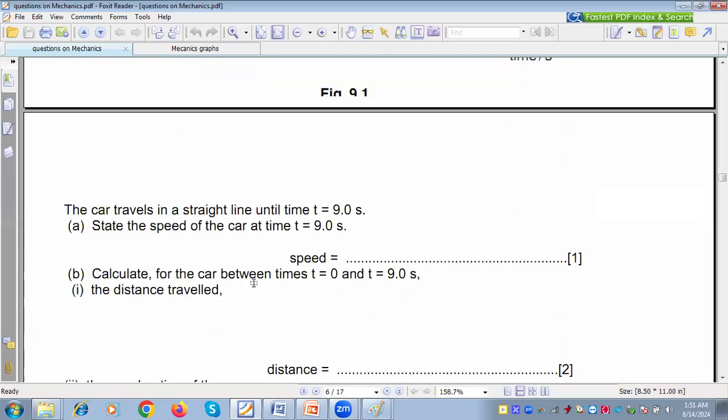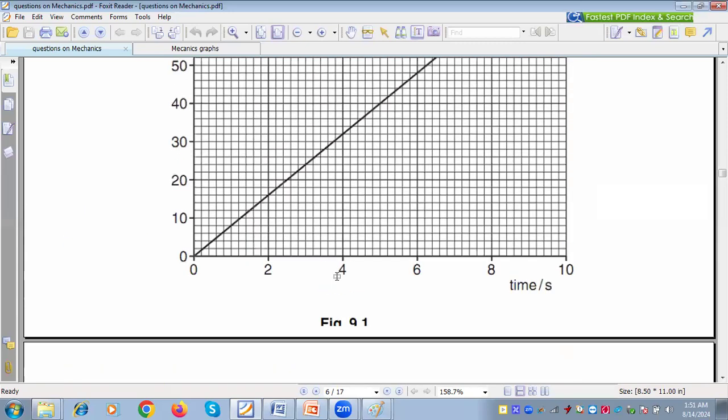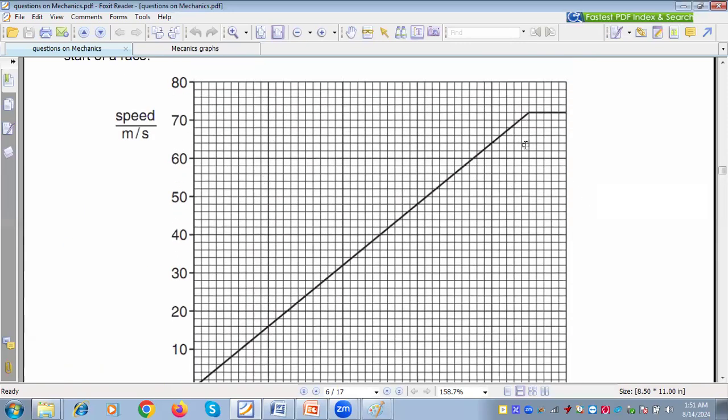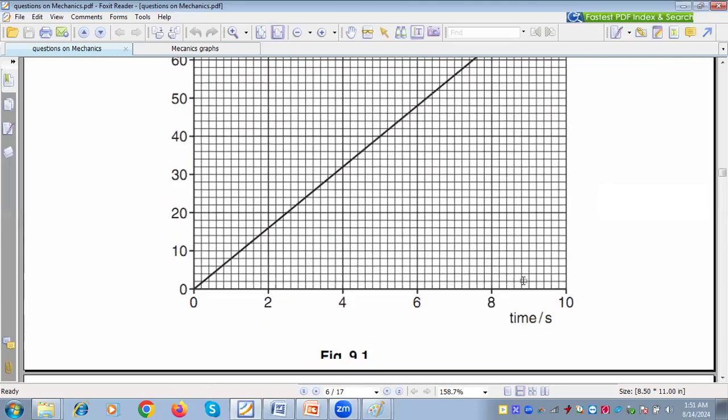Calculate the distance traveled between t equals 0 and 9 seconds. What will you do? This is 9 seconds, so it is the area under the graph. What is the formula? Half into base into height, because this is a triangle.